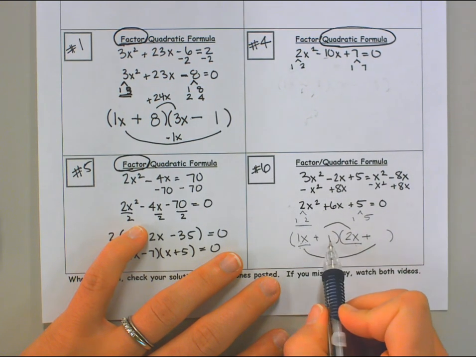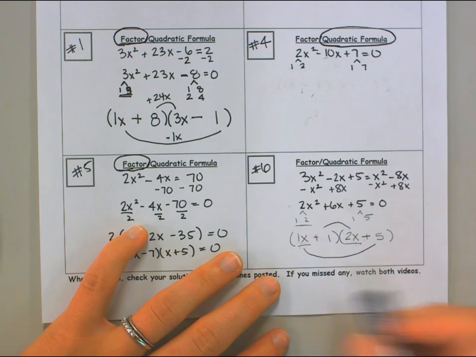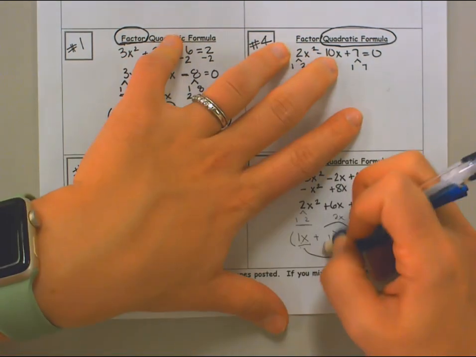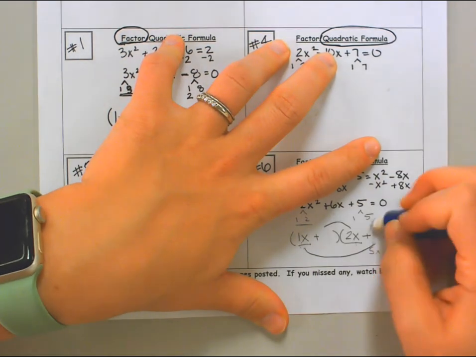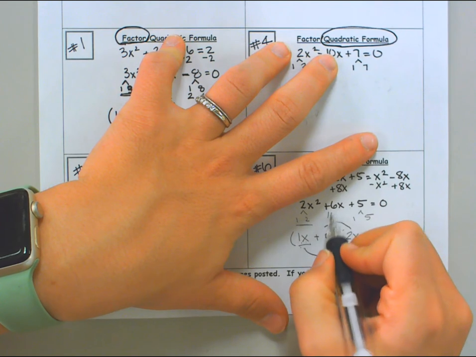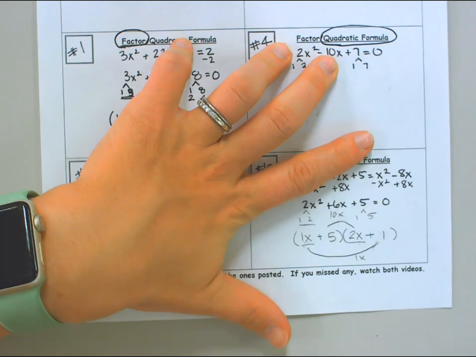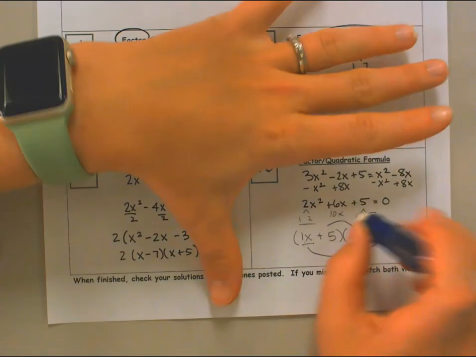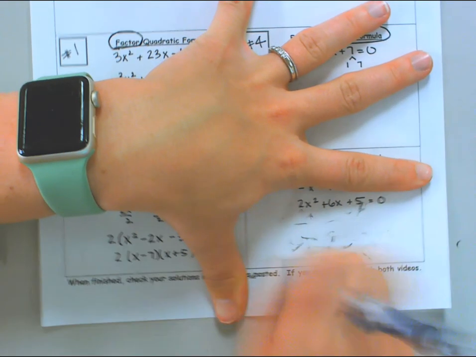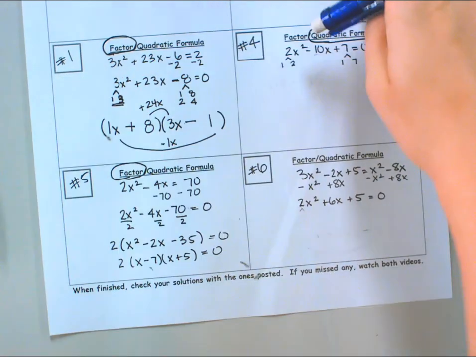Well, if I make this 1 and this 5, that would give me 5x and 2x, which is 7x, so that won't work. So then if I try switching them, because it has to be a 5 and a 1, I get 10x and 1x, which is 11x. So that means I cannot factor this one, right? None of those factors give me the right terms, which means I have to use the quadratic formula.